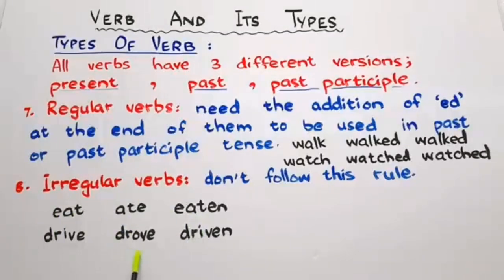Drive, drove, driven. There are lots and lots of examples of both type of verbs, but when we introduce verbs to children, we go for regular verbs first and then we move on to irregular verbs, because there are some really common verbs that are irregular, like eat, drink, drive and so on.